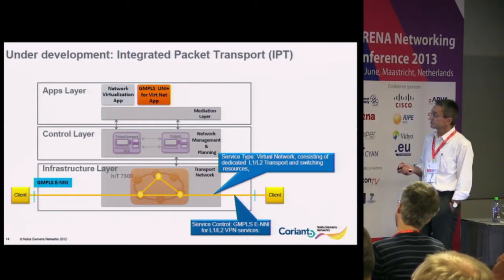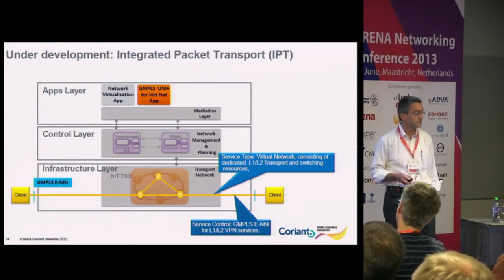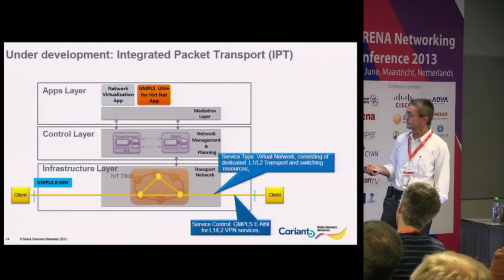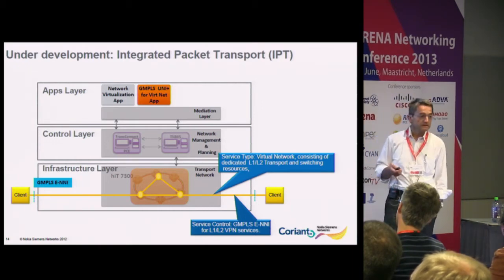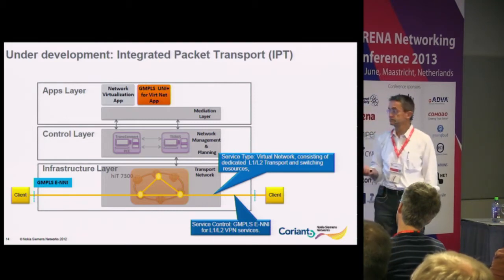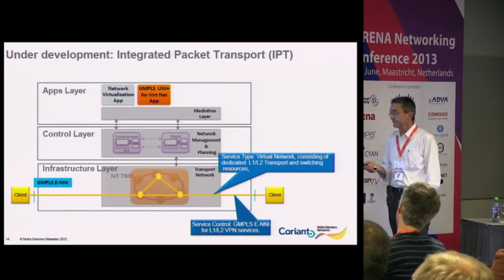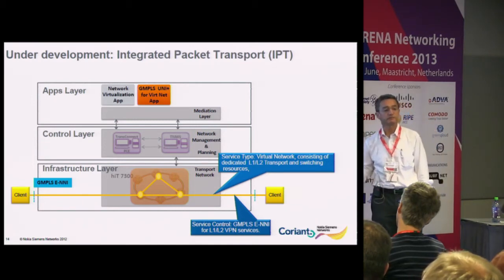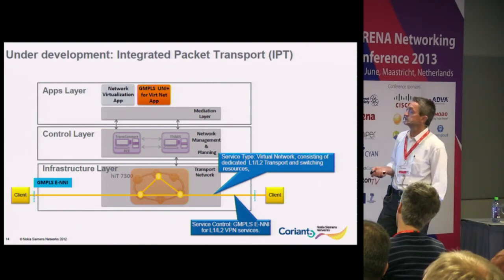And the service control could here be this GMPLS ENNI, which is basically a UNI Plus and allows conveying some routing information from the network to the client. So, for example, shared risk-linked resources.